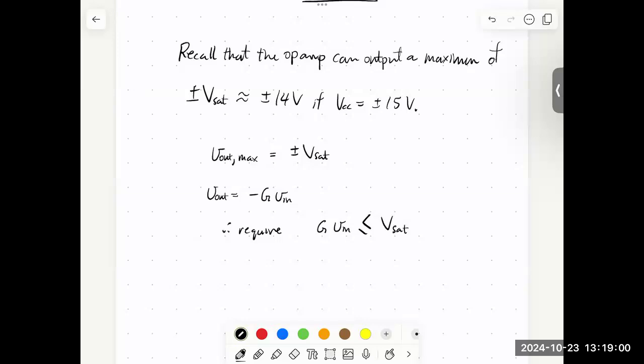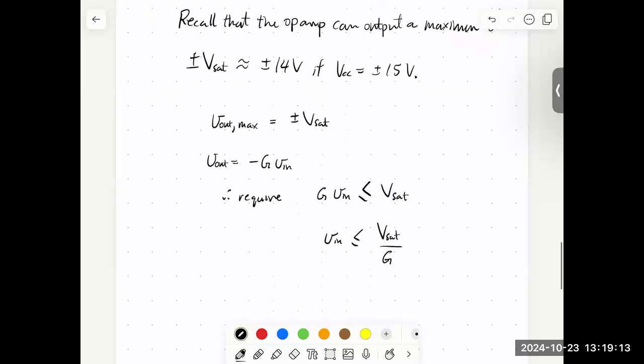I can't have an output that's bigger than the maximum possible output. And so that means V in must be less than or equal to V saturation divided by the gain. So if our gain in the lab tomorrow is going to be 100 and V saturation is 14 volts, that means we have to keep our input below 140 millivolts all of the time.